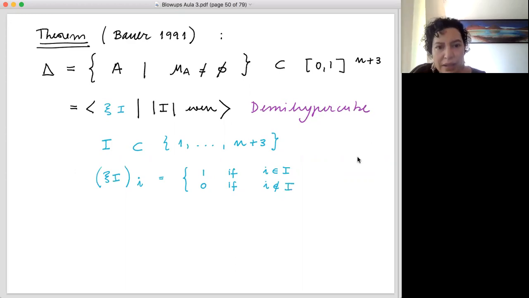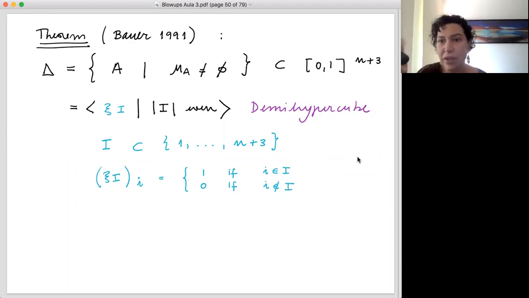So these are the 2 to the n plus 3 vertices of the hypercube. And for the polytope delta, I only take those vertices that are even, with an even number of coordinates equal to 1. So this is the demi-hypercube.